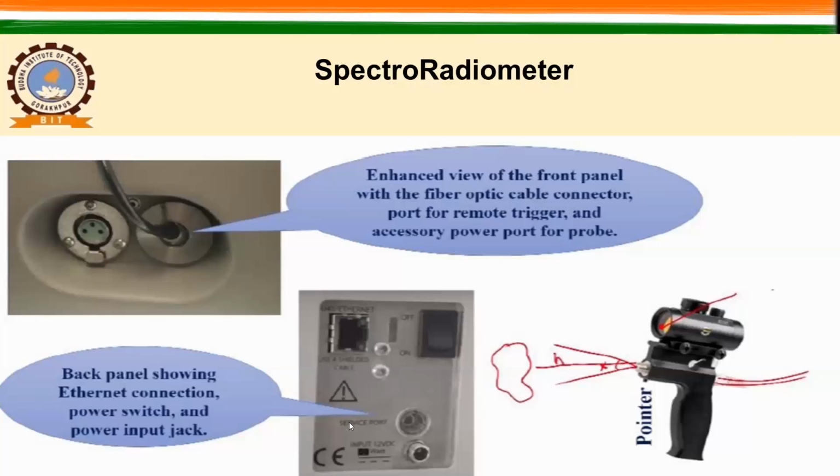If you can connect with the network, then you can access this data remotely, right? And this is another attachment which comes with the spectroradiometer, where you can focus your target, because from this pointer it will sense the reflected or emitted energy.